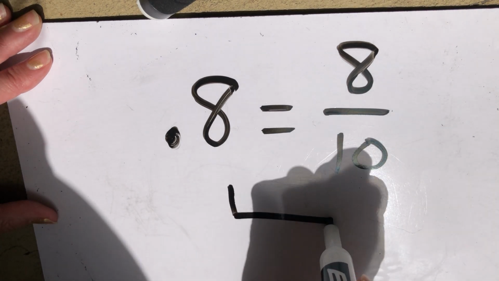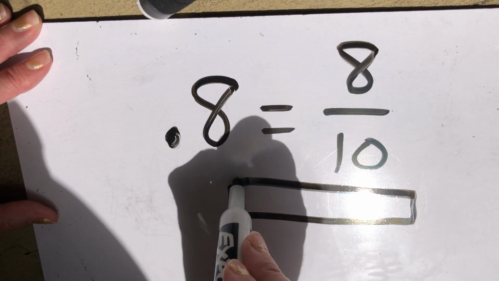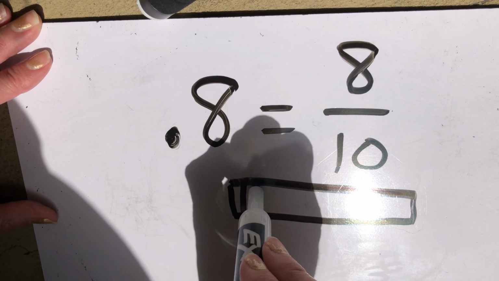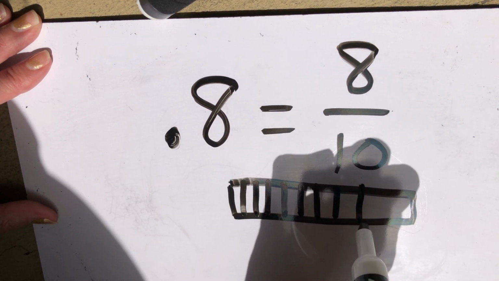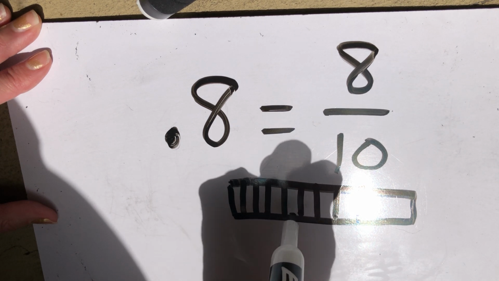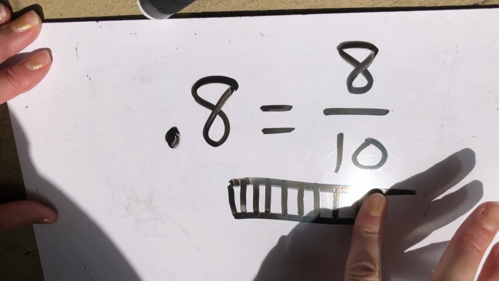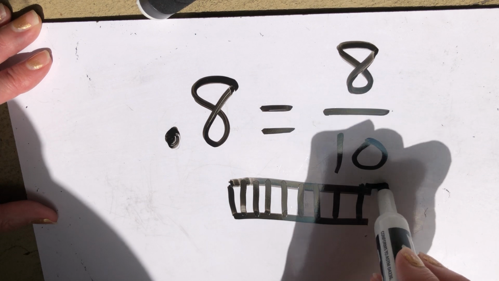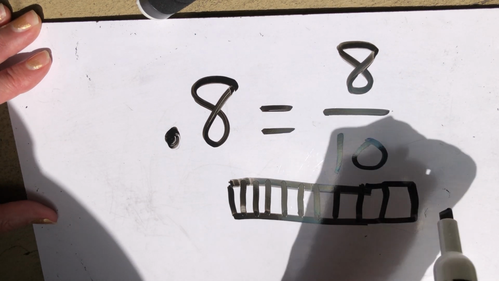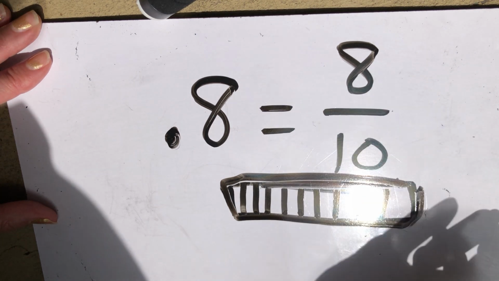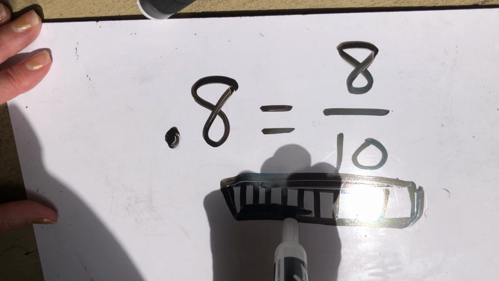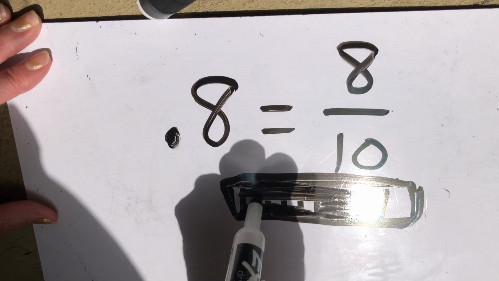And this would also mean we had a rod. It's divided into 10. 1, 2, 3, 4, 5, 6, 7, 8, 9, 10. The rod has 10 places. 8 of them would be shaded in. 2 left over.